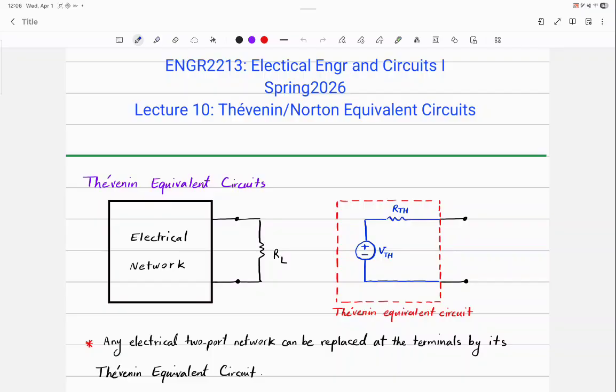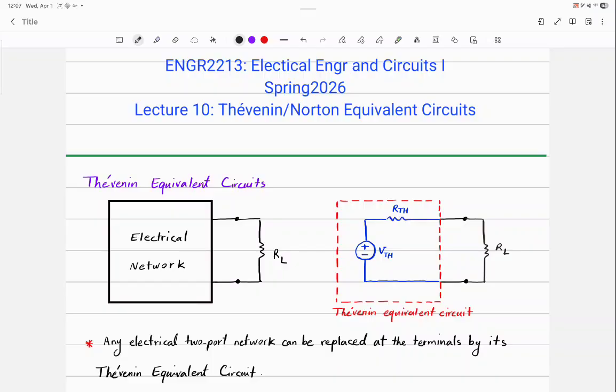So instead of the thousands of resistors and voltage sources and current sources and dependent sources, we can just replace all of that with one voltage source and one resistor. And RL, let's say I'm connecting RL here, wouldn't feel the difference, wouldn't sense the difference.